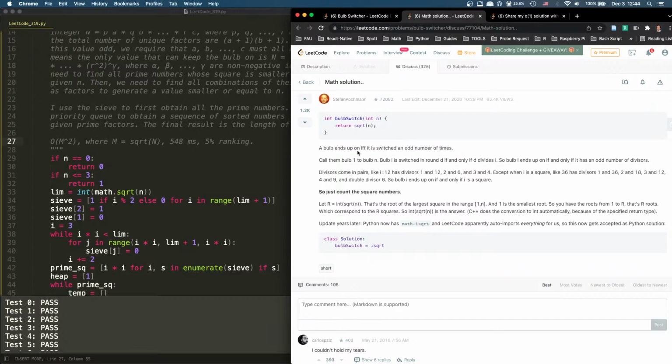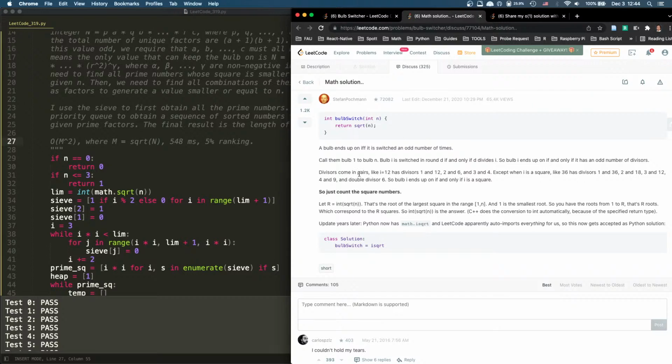A bulb ends up on if and only if it is switched an odd number of times. Yes. Bulb 1 to bulb n. Bulb i is switched in round d if and only if d divides i. So bulb i ends up on if and only if it has an odd number of divisors. Exactly, that's what we have.